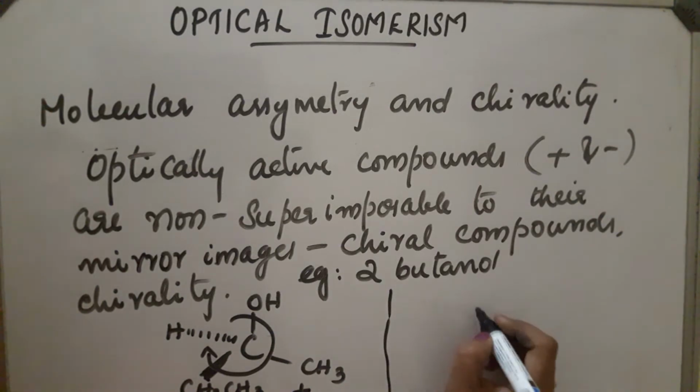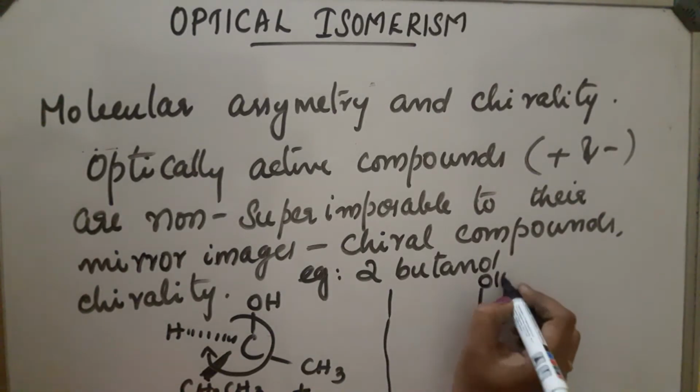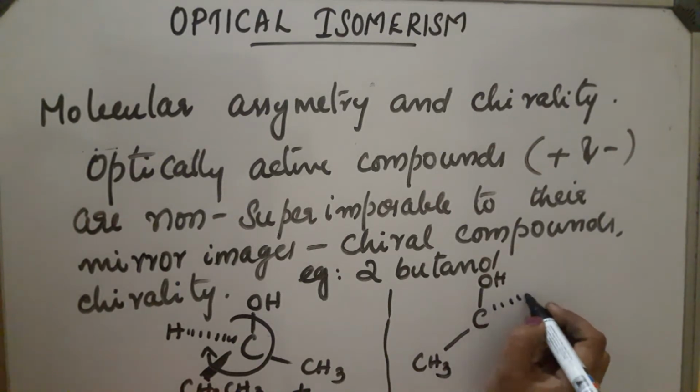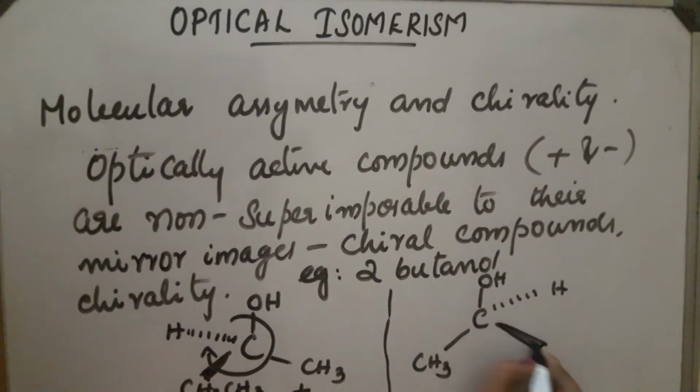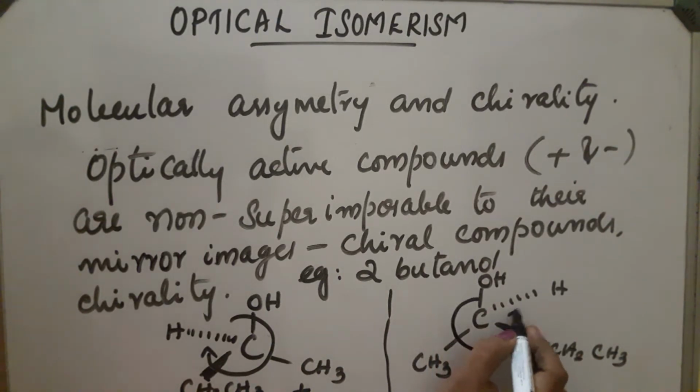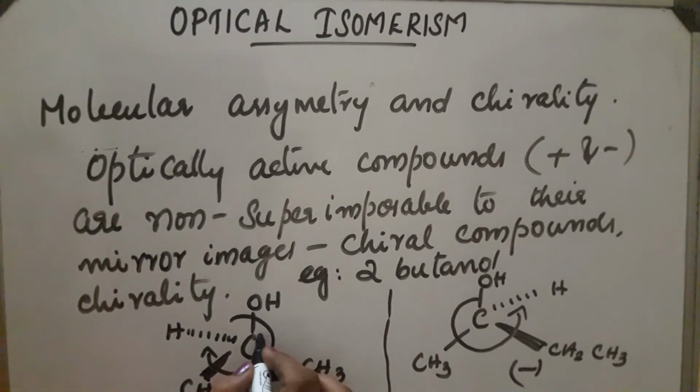And its mirror image has CH3 here, hydrogen here, and CH2, CH3. In this case OH, CH2, CH3 will rotate in the anti-clockwise direction and it is the minus form. So these are the two mirror images and they contain an asymmetric carbon.